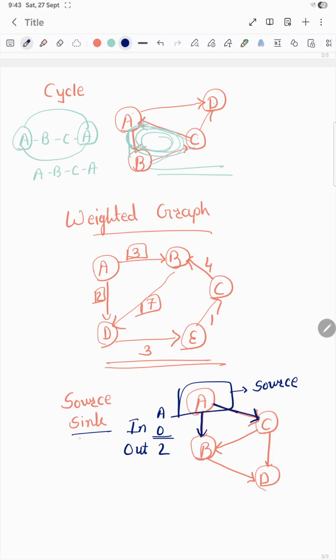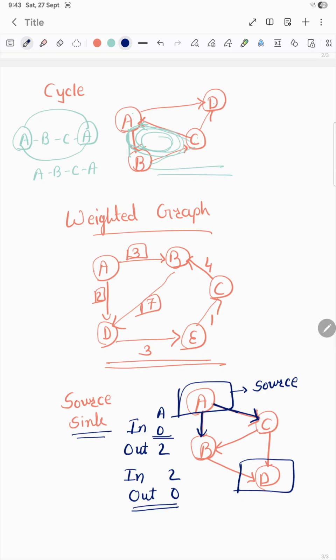Then the next one is sink. As you closely look at D, if you check the in degree, the in degree for D is 2, but if you check the out degree, that's 0, right? So when the out degree of a particular node is 0, there are none of the edges going from D to somewhere.